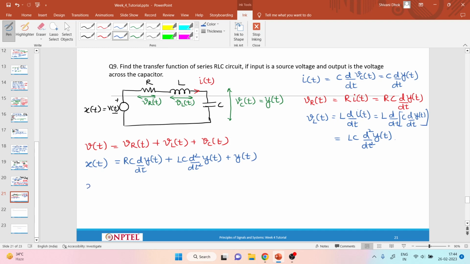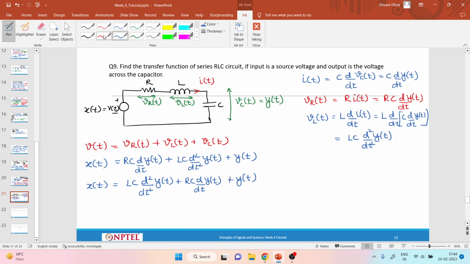So x of t, just rearranging it, is LC d²/dt² y of t plus RC d/dt of y of t plus y of t.